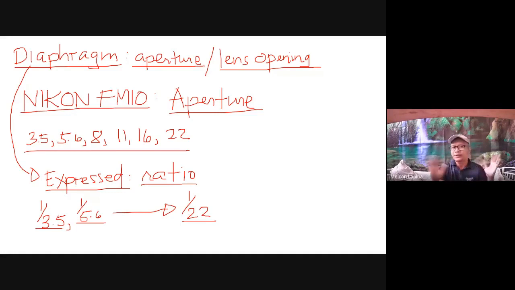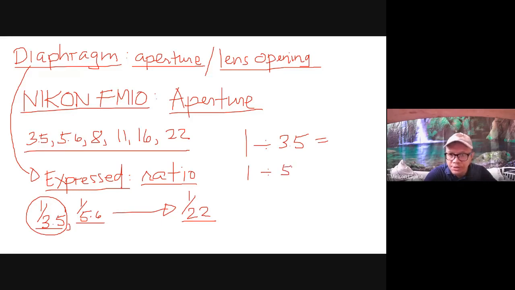Logic will tell us ganito. Kung i-compare natin ang 3.5 sa 5.6, lalabas na mas malaki ang 3.5 kumpara sa 5.6. Bakit? Kasi ang 3.5 dito ang divisor. Ganon din ang 5.6. Kung i-divide ninyo ang 1 divided by 3.5, i-compare ninyo ang resulta 1 divided by 5.6.